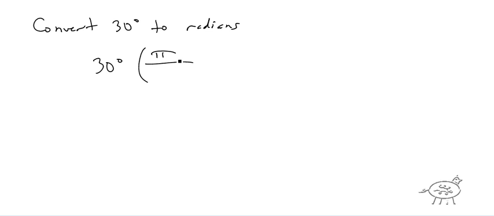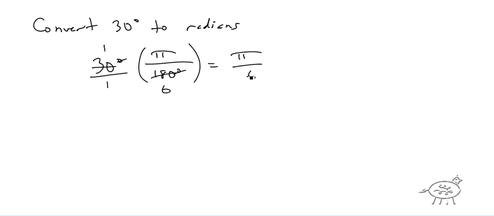I'm not going to put a unit there. The degrees cancel, and we have radians left over. Now don't give me a decimal answer here. That's going to be a 1, and that's going to be a 6. So it's pi over 6.